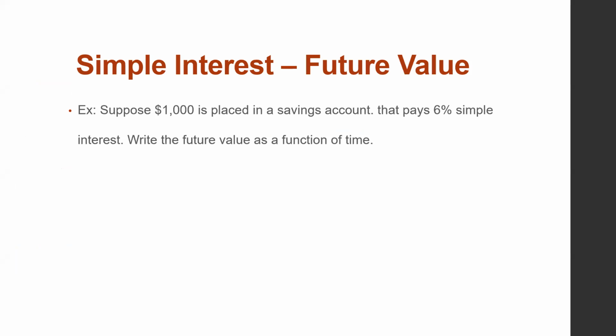We want to write this as a function of future time, right? So we have to indicate it in the time. It's simple, right? Rather than putting A, we can put future value, FB. If FB means the future value, it can also be equal to the A in a simple interest formula.